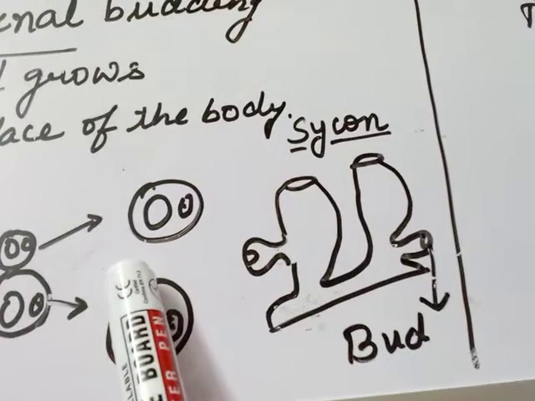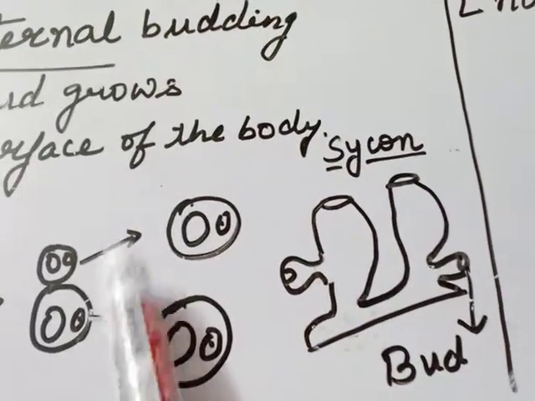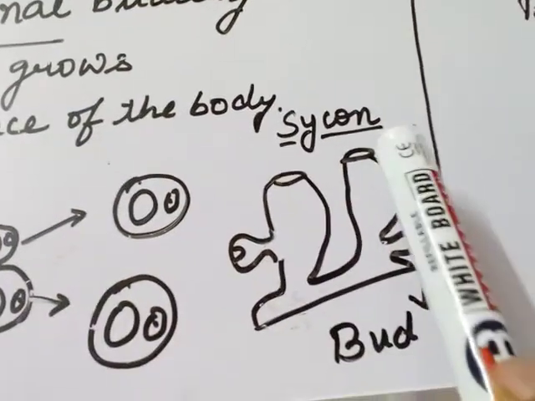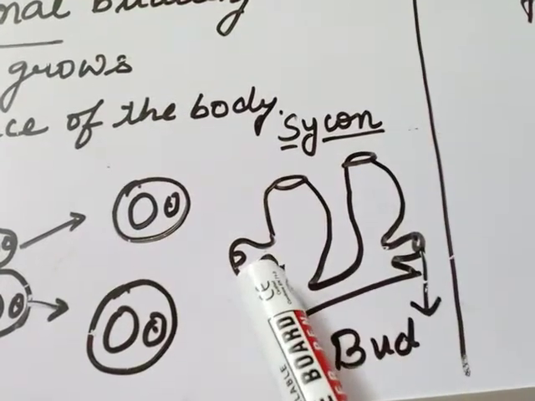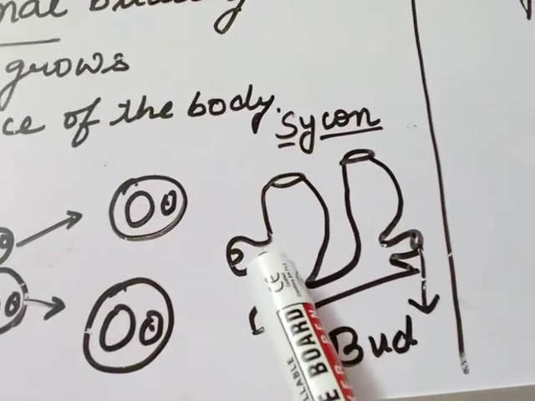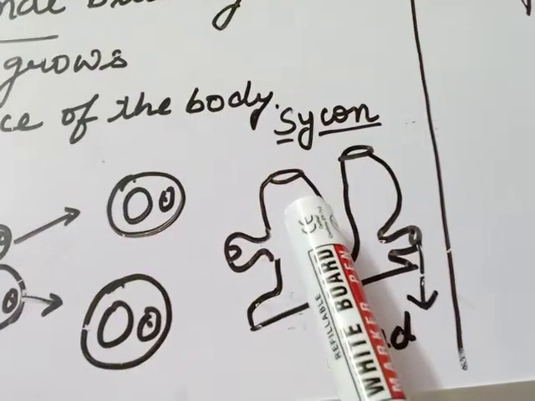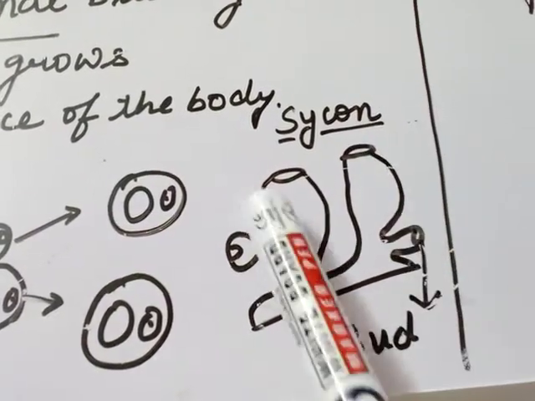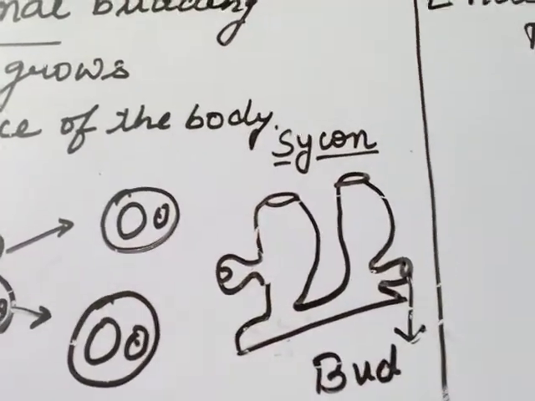But in case of yeast, it is detached from the parent body. So in cycon, the outgrowths or the daughter individuals remain attached to the parent body and form a network and live together as an individual.